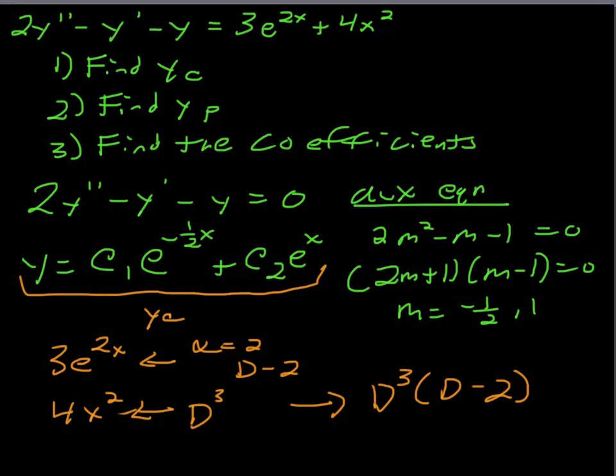Okay, and so what we're going to do is take this into our original equation, and we're going to do this to both sides of our original equation. It's going to make the right side go to 0, and then we have to solve a new left side. So we're applying d cubed times d minus 2 to the left side, which is 2y double prime minus y prime minus y.